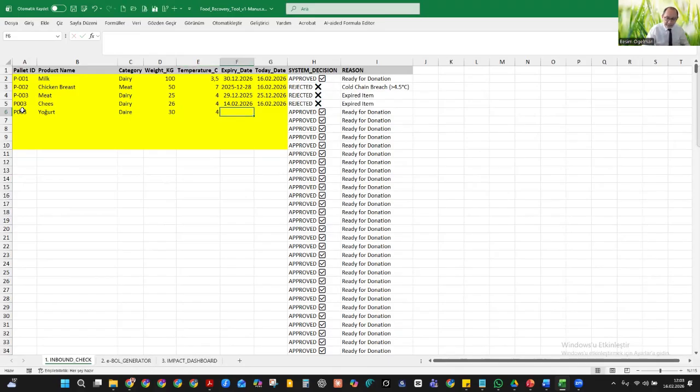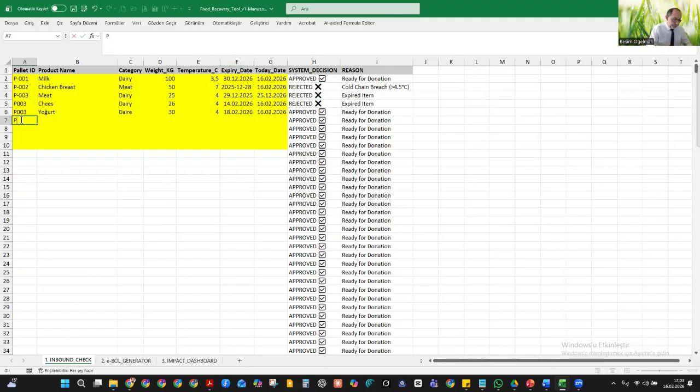Expiry date is 18 February. Today's date is 16 February, and it is approved, as you see.